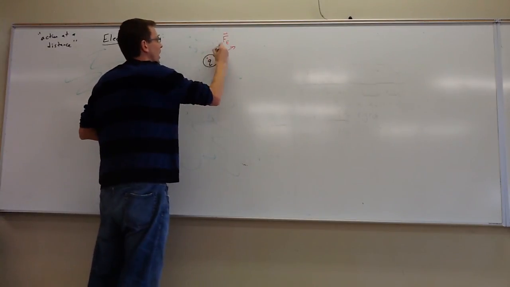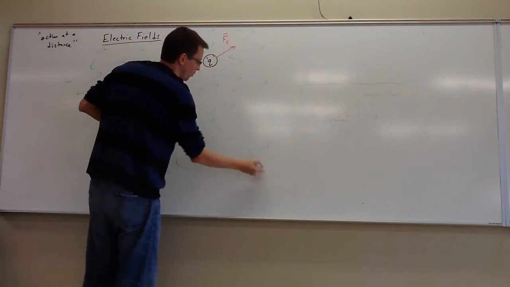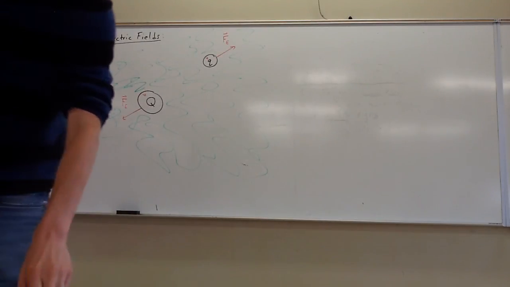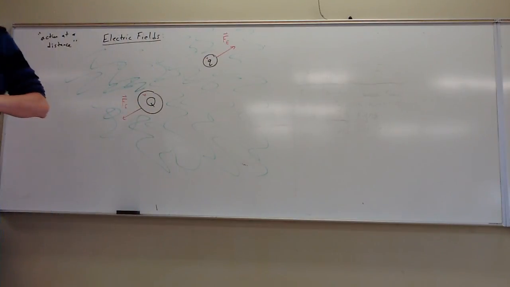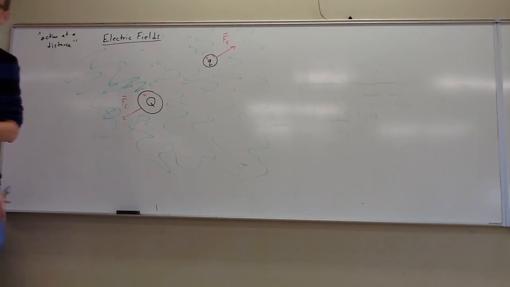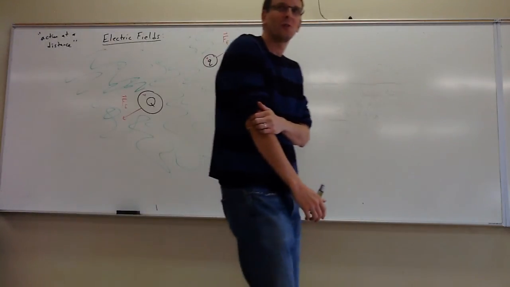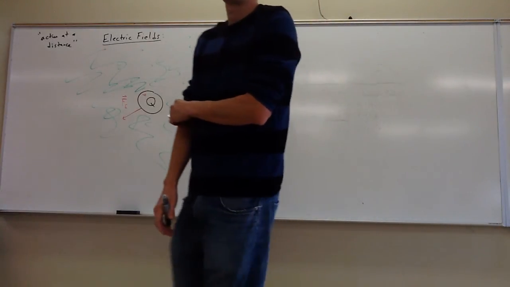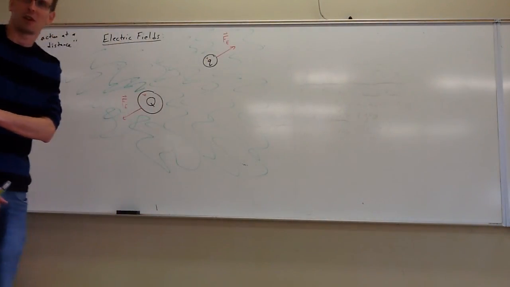And of course, later on, we'll draw it in a more informative, structured way. But for right now, we're imagining that this charge just simply puts some kind of influence into the space everywhere around it. That includes, by the way, the edge of the universe, because of course the Coulomb force is an inverse square law, and so it never really drops to 0 until you're infinitely far away.